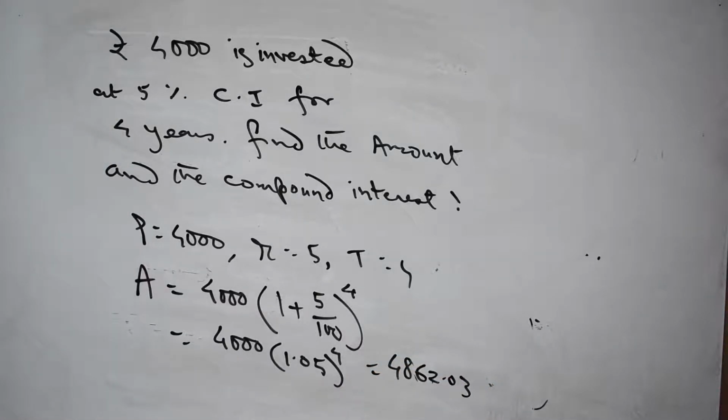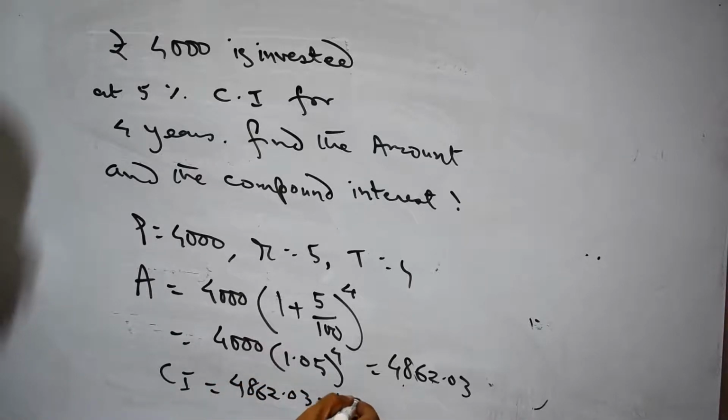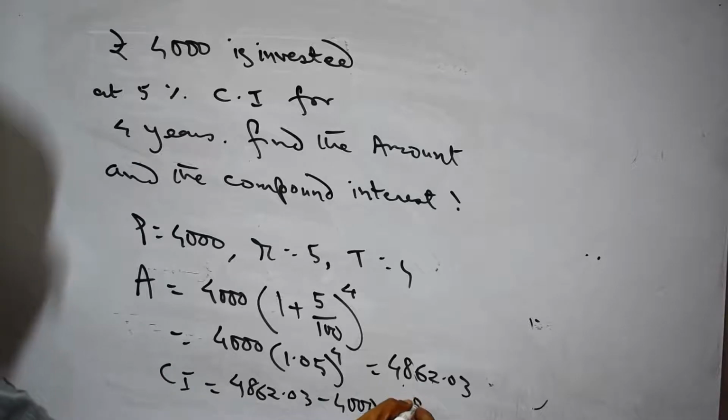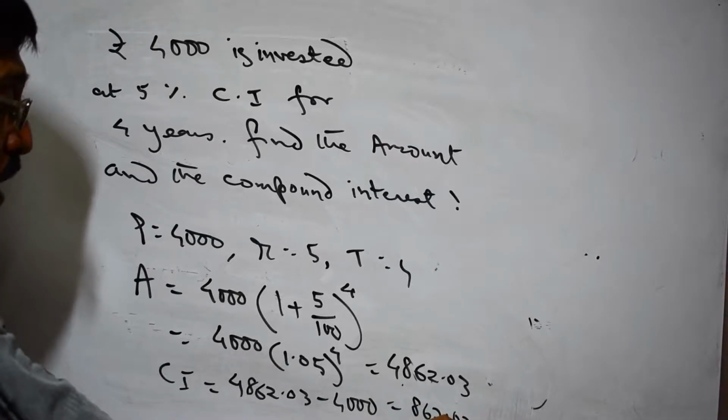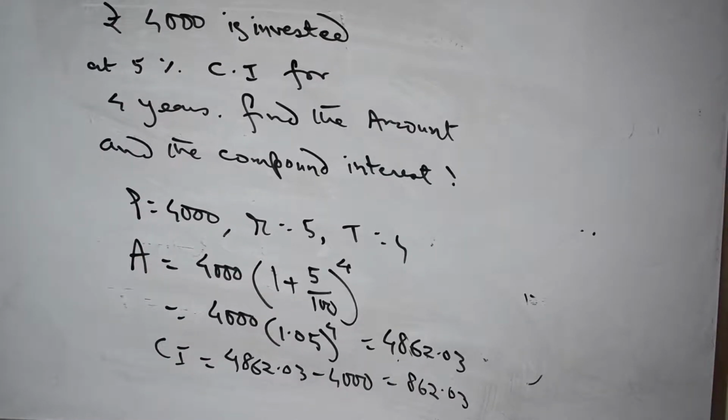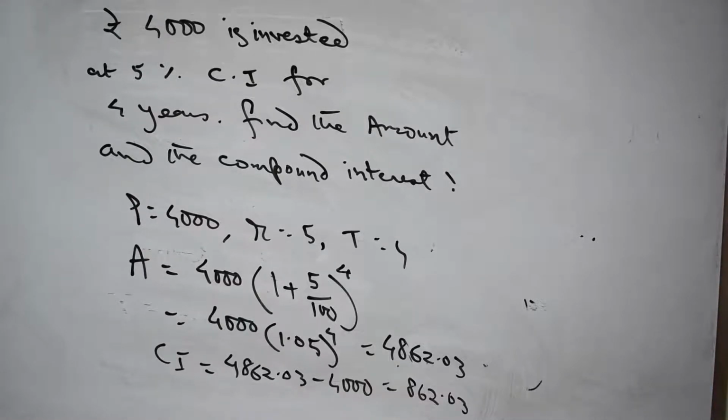So this is the final amount, and CI will be this amount minus the principal, that is 4,862.03 minus 4,000, that is 862.03. So this is a problem which is a simple one.